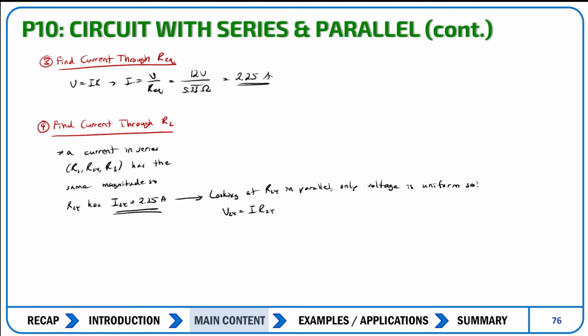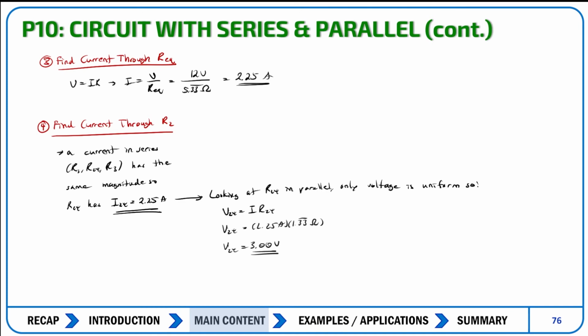So that means V24 is equal to 2.25 amps times 1.33 ohms for our equivalent resistance for R24. So that gives us V24 is equal to 3.00 volts.